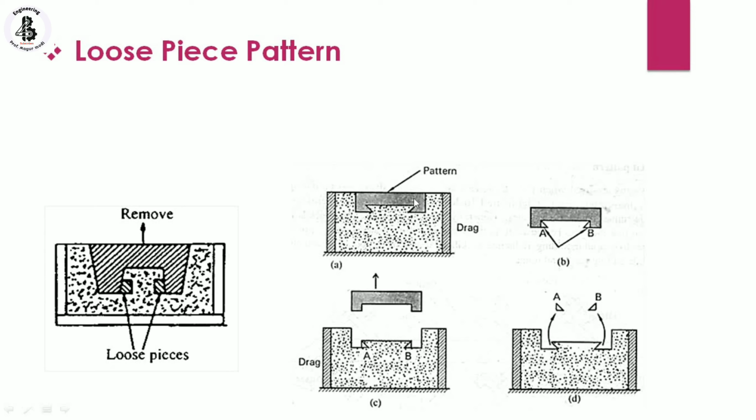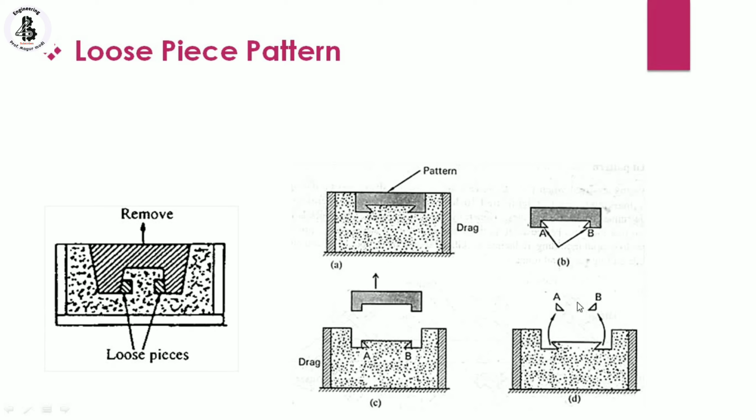So what happens? You can make a simple pattern like this, and to make such a geometry, by the application of loose pieces according to my requirements, they will be placed with the help of the pattern. So first you remove the pattern, that will be an easy task for you. Then after that you will remove both the A part and B part.